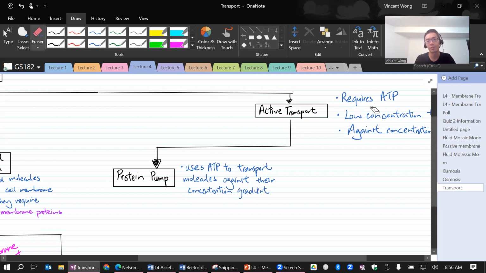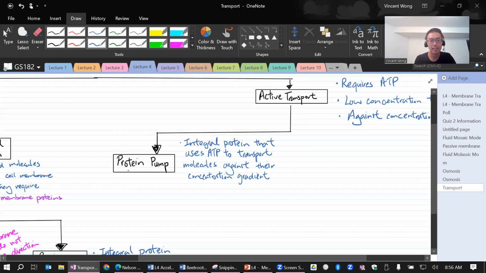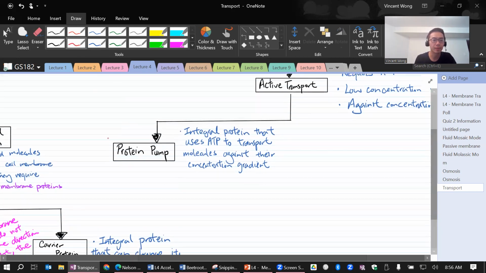I mean, it sounds exactly like this definition, right? But that's what it is. I guess we can add an extra bit here. They are integral proteins that use ATP to transport molecules against their concentration gradient.